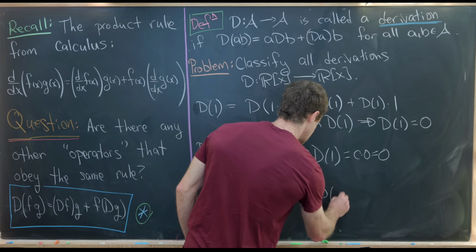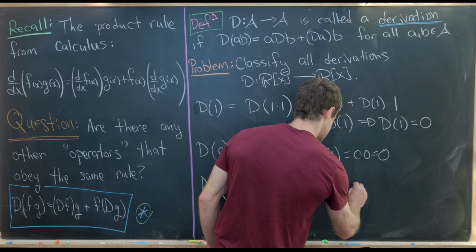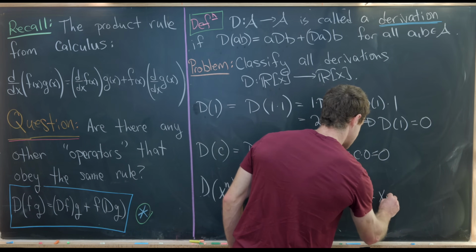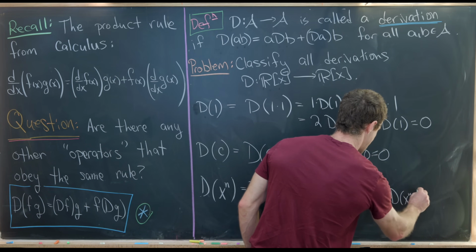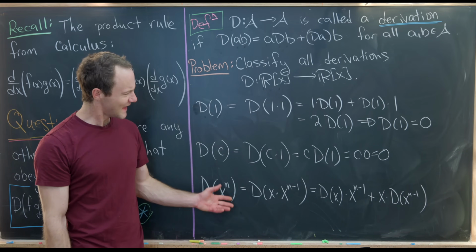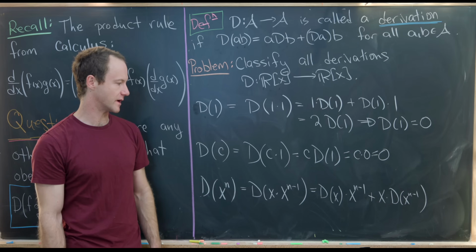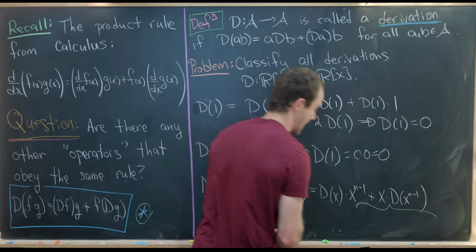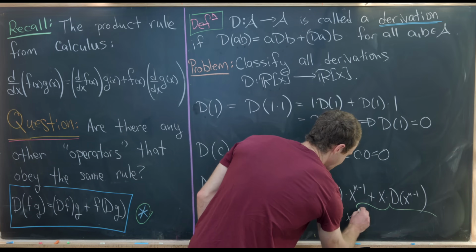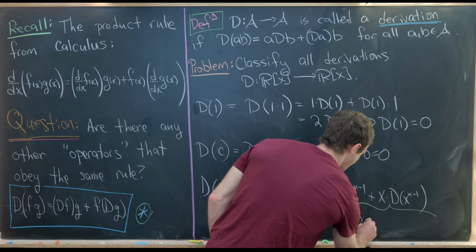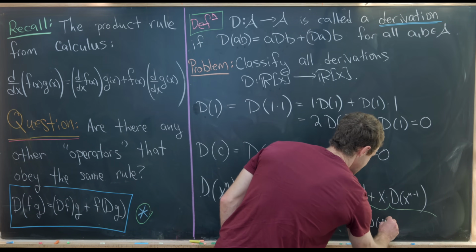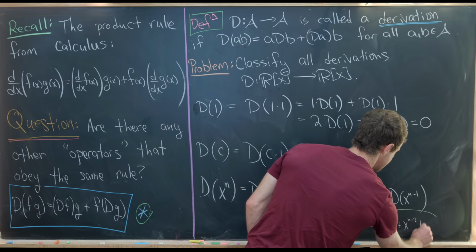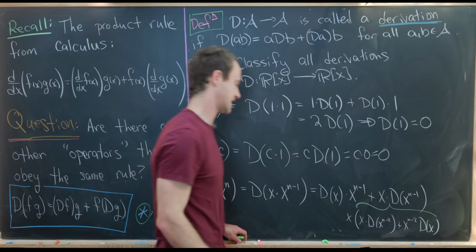That gives us D evaluated at x times x to the n minus 1 plus x times D evaluated at x to the n minus 1. But that actually gives us a hint of what might be going on here. We can apply our derivative rule to this again, and we'll see that we get x times the derivative of x to the n minus 2 plus x to the n minus 2 times the derivative of x.